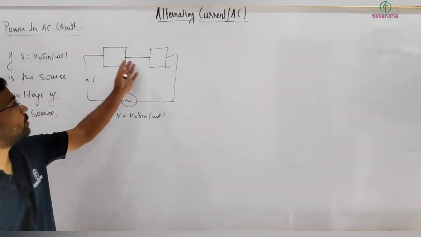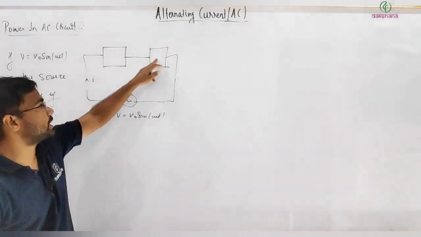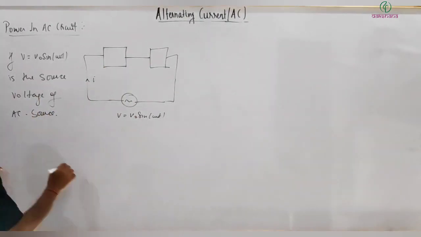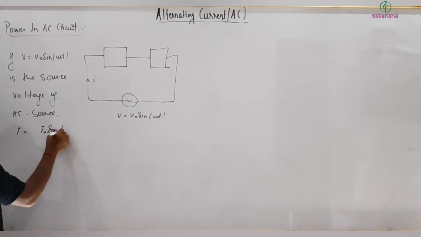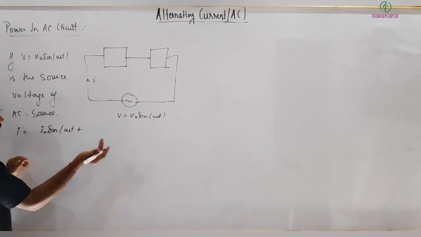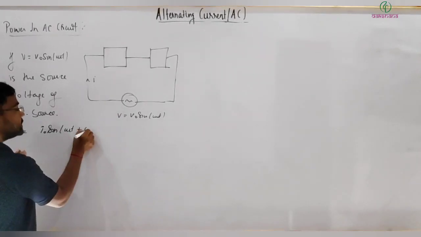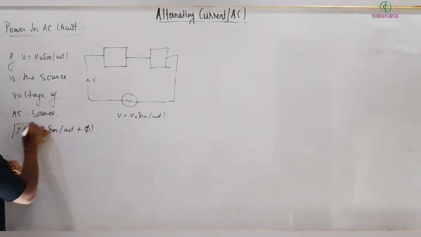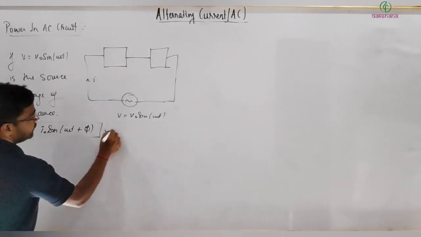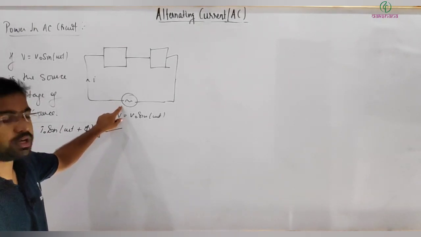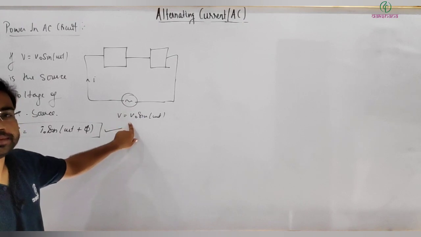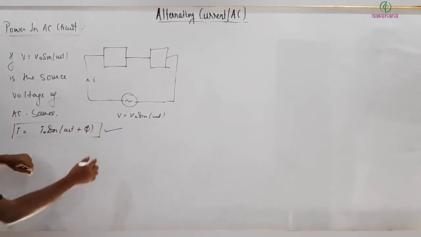Then depending on which element is there in this box, in general I can write current is equal to I naught sine of omega t plus or minus some phi. So let me take it just phi. Now this is the current being supplied by the voltage source.